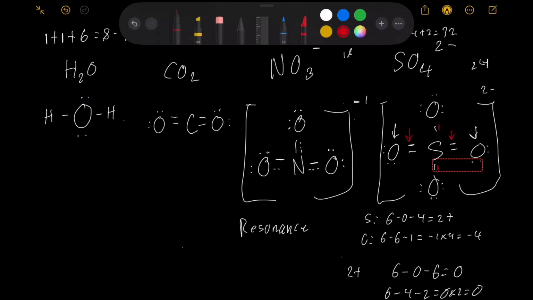It can be these two, or it can be these two. I think you see what I mean. There is resonance present here. However, here it's a little bit more difficult to write this because there are two bonds that can happen instead of just one.